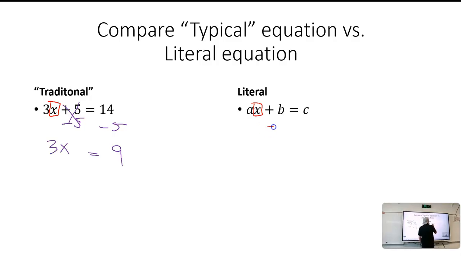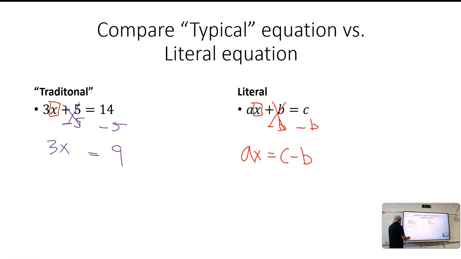So just like on the left side, we're going to subtract b from both sides, which makes it gone here. And we have ax equals, now I don't know what c minus b is because they're variables, so I'm just going to write c minus b. So on the left side, we have 3x equals 9. On the right side, it would look like ax equals c minus b.